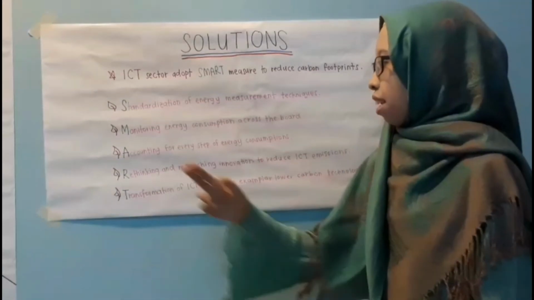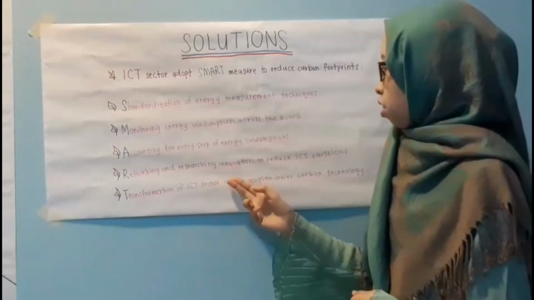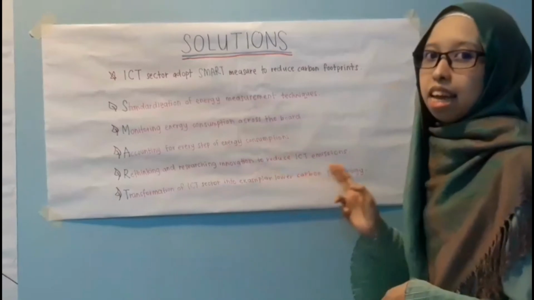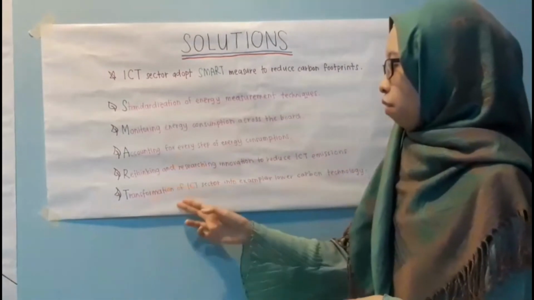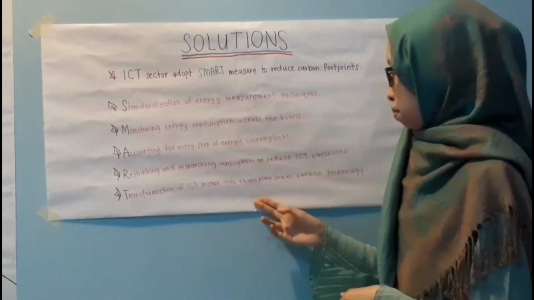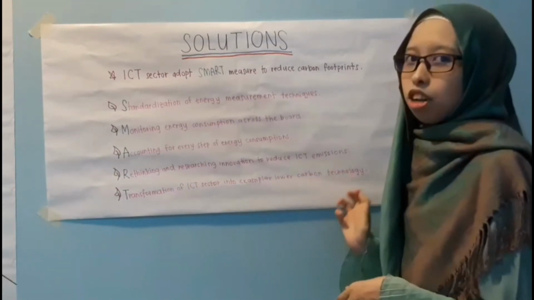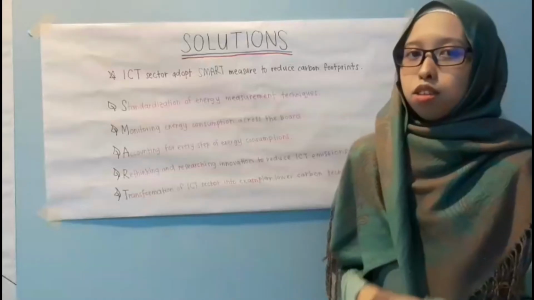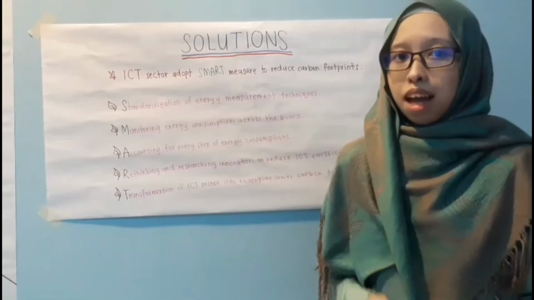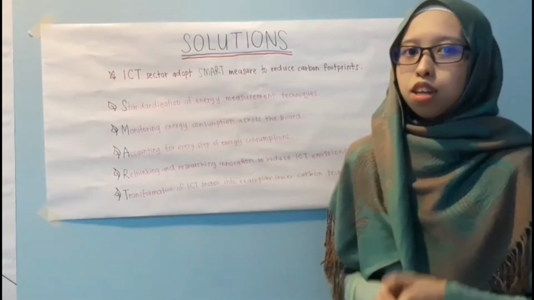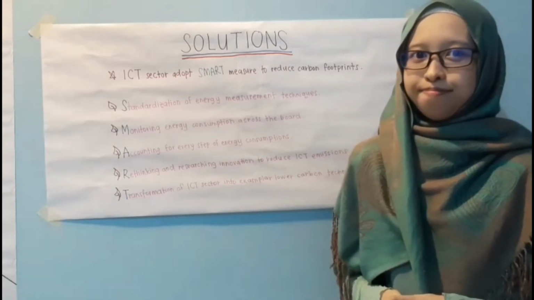R stands for rethinking and researching innovation to reduce ICT emission. And T, transformation of the ICT sector into an exemplar of lower carbon technology. This solution adopted by the ICT sector will help all countries in the world to reduce carbon footprint.